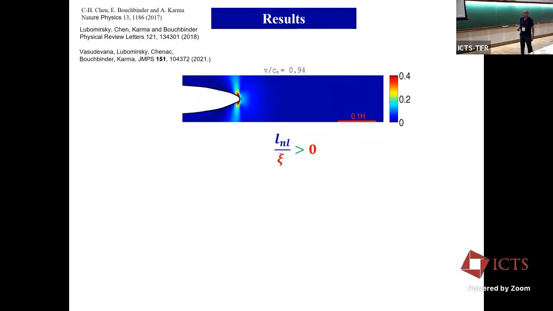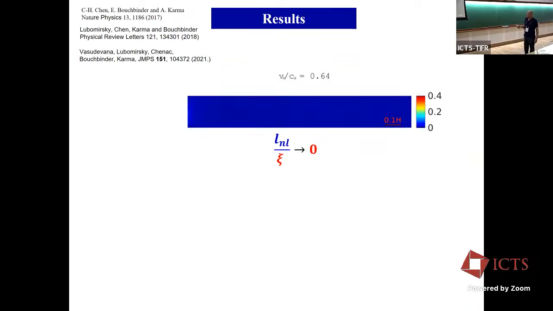First of all, they had nice movies. Wait a minute, I missed one. Okay, so this movie shows what happens if you take the nonlinear scale basically to zero. So you're looking at linear elasticity that couples directly to dissipation.